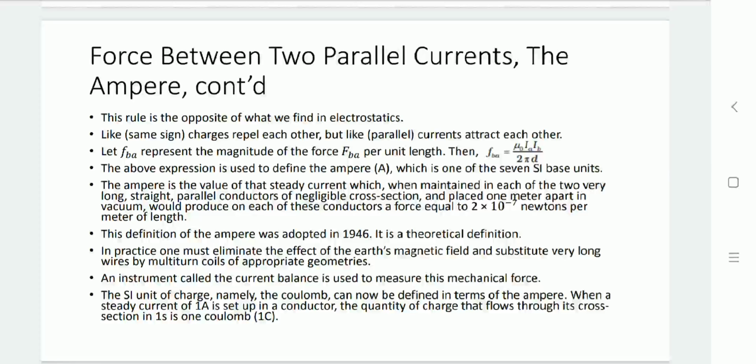The SI unit of charge is coulomb. When a constant current of 1 ampere is flowing through the conductor, in 1 second the charge carried is 1 coulomb.